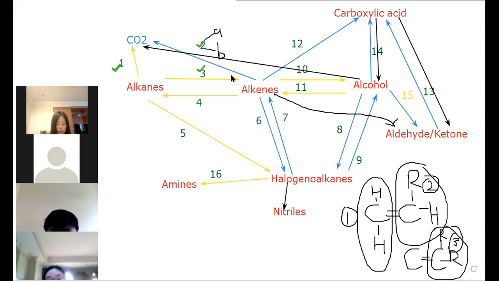Okay, now number 4. Number 4, from alkenes become alkanes. This is from before.